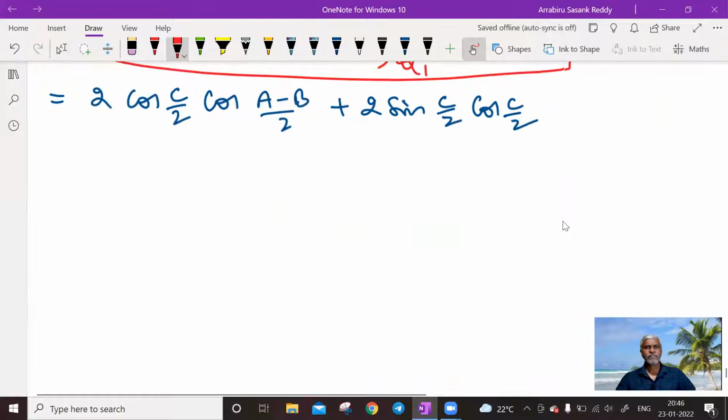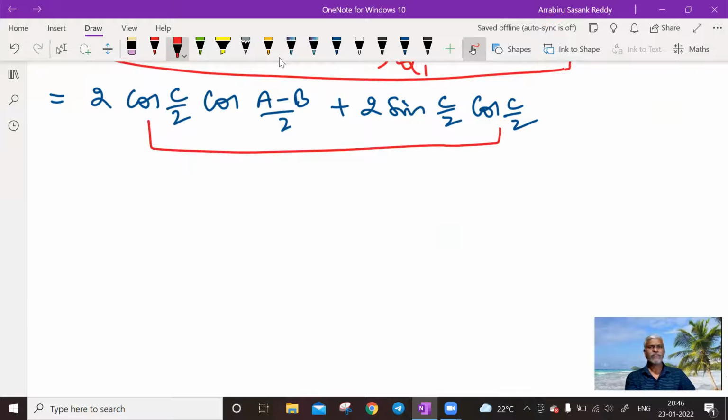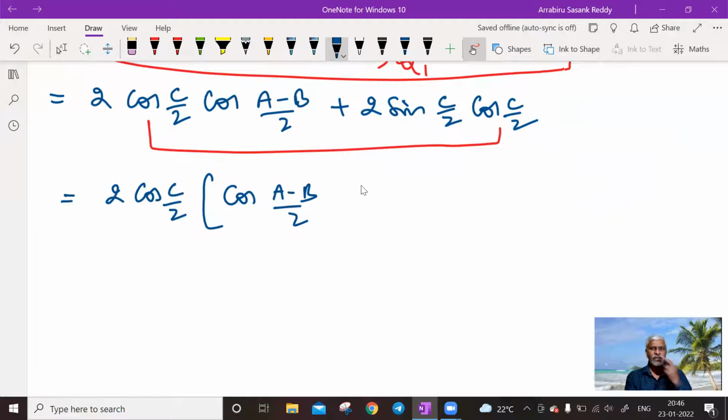Now taking 2 cos C by 2 common, cos A minus B by 2 will remain, and here sin C by 2 will remain.